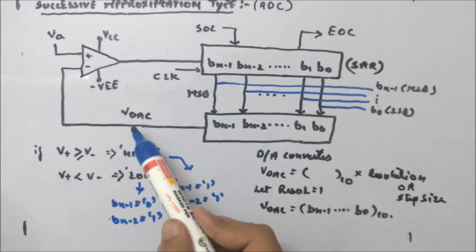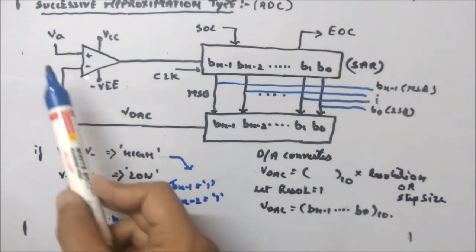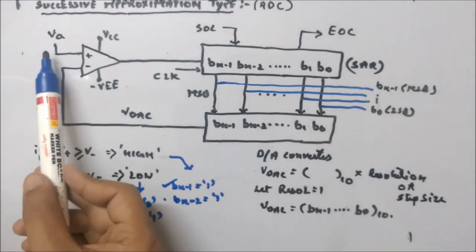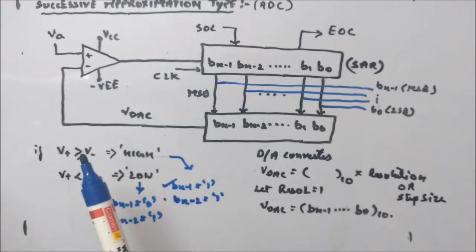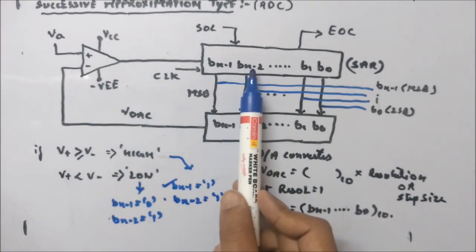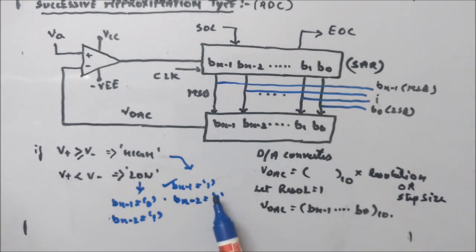This D2A converter will convert it into the corresponding analog output. This analog output will be compared with this analog signal, and whatever output comes, this bit will be set to 1, or this bit will be set to 0 and the next bit set to 1.